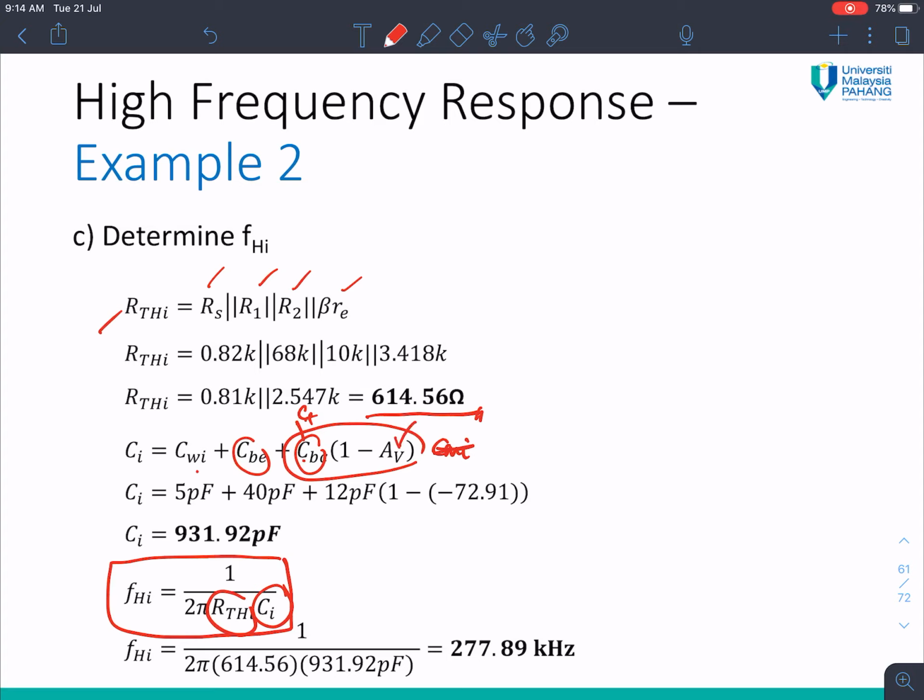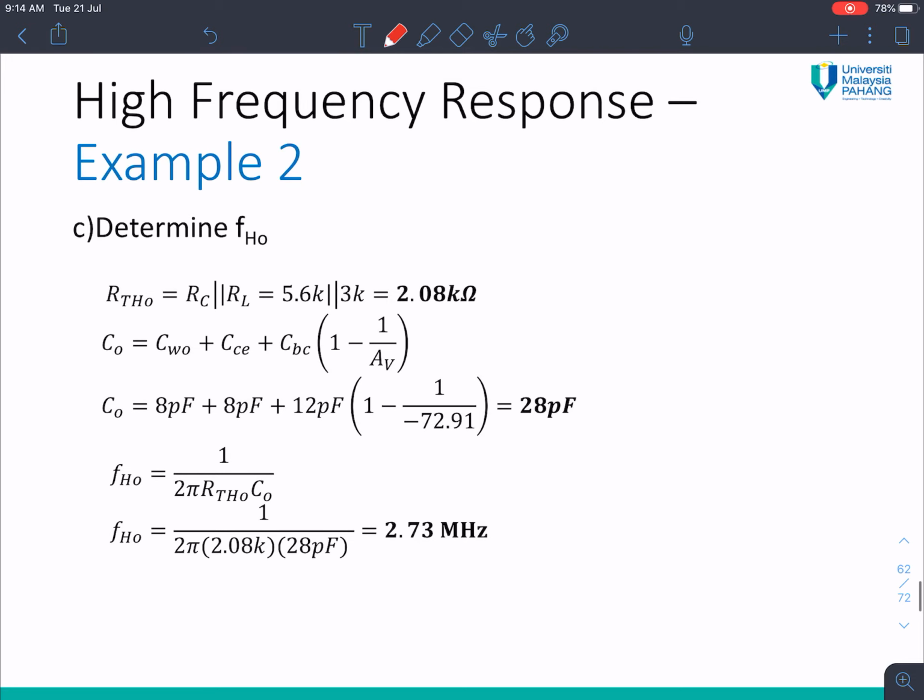So this is the loaded gain. Okay, and finally we get C in 931.92 picofarad. Insert all values in the FH in, and finally we get 277.89 kilohertz.